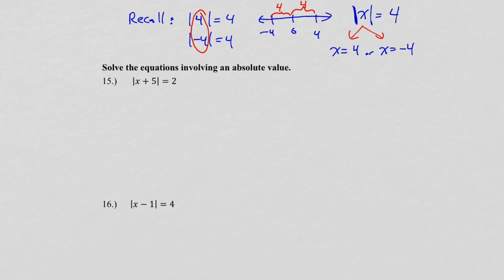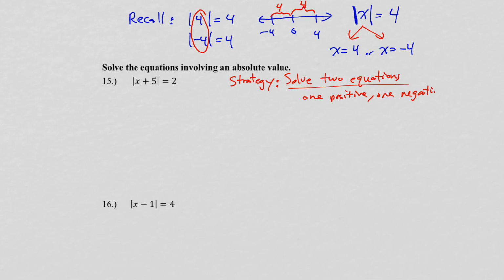So our strategy here then for absolute value equations is to solve two equations. These two equations are basically one that's positive and one that's negative.